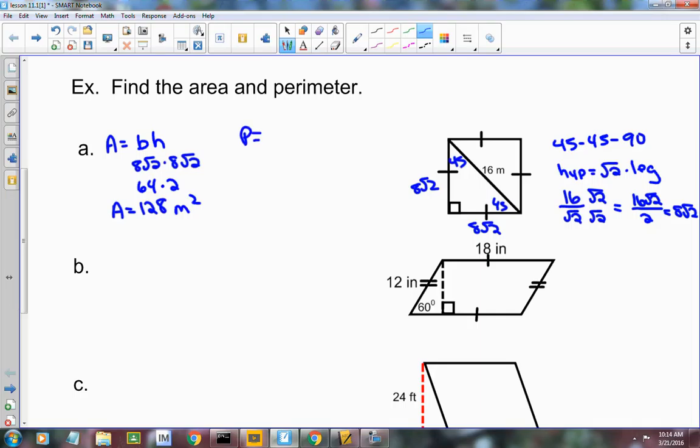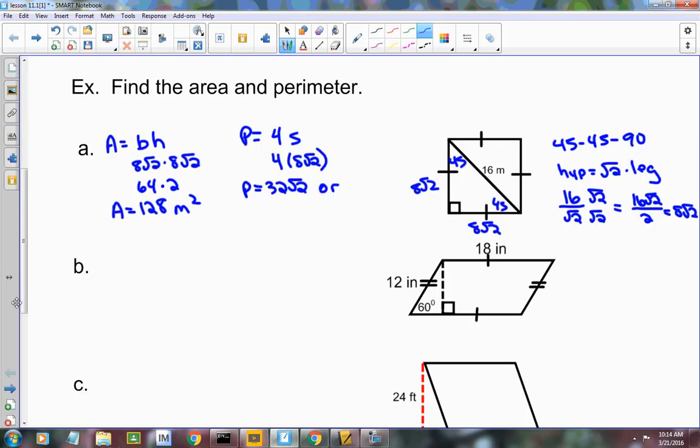The perimeter, being a square, all four sides are equal, so it's 4 times the length of the side. My side is 8 radical 2, and so if I multiply that, that gives me 32 radical 2. That is my exact answer.